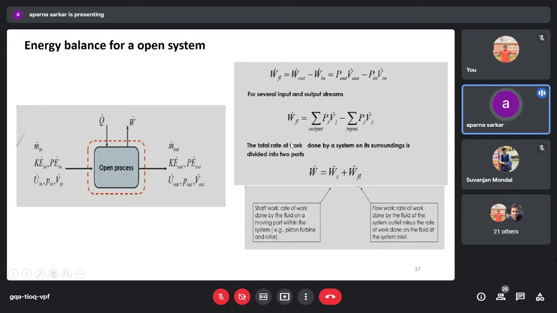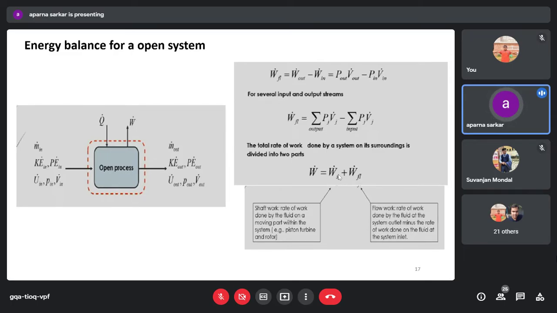Okay. So now the total rate of work done by a system on its surrounding, we can divide into two parts, W_S and W_FI. Now W is the work done, and W_FI, we know, is the change between output and input. And what is W_S? W_S is the shaft work. If you have a piston, then a shaft is there.